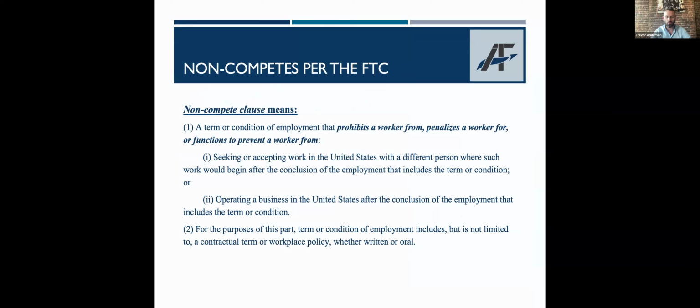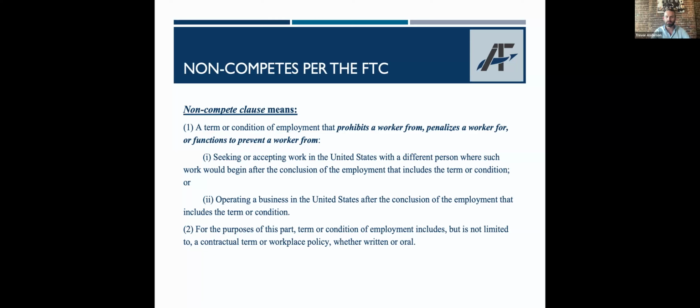So, I won't read through the whole thing, but essentially anything that prohibits a worker from, penalizes a worker for, or functions to prevent a worker from getting employment after their current employment term ends, or operating a business in the U.S. after the conclusion of that employment term.